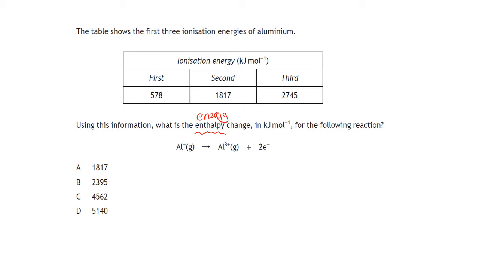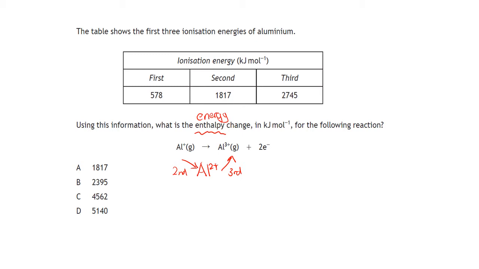Now if it starts off as Al 1 plus, it means that it's going to Al 2 plus and then to Al 3 plus. So Al 1 plus to Al 2 plus, that's your second ionization energy, and 2 plus to 3 plus is your third ionization energy.